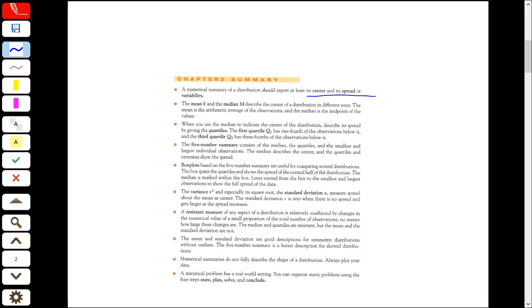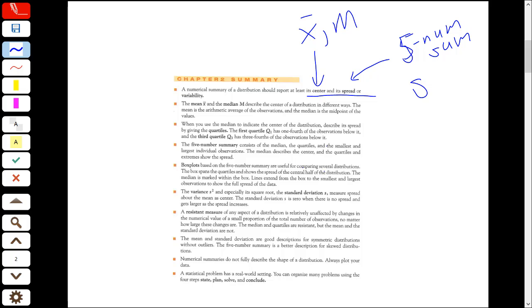We want to measure the center and spread of data. For the center, we're thinking about X bar, the mean, and the median. For the spread, we're going to be using the 5-number summary and S, that's a 5 and an S for sample standard deviation. We'll talk about the differences between the mean and the median.